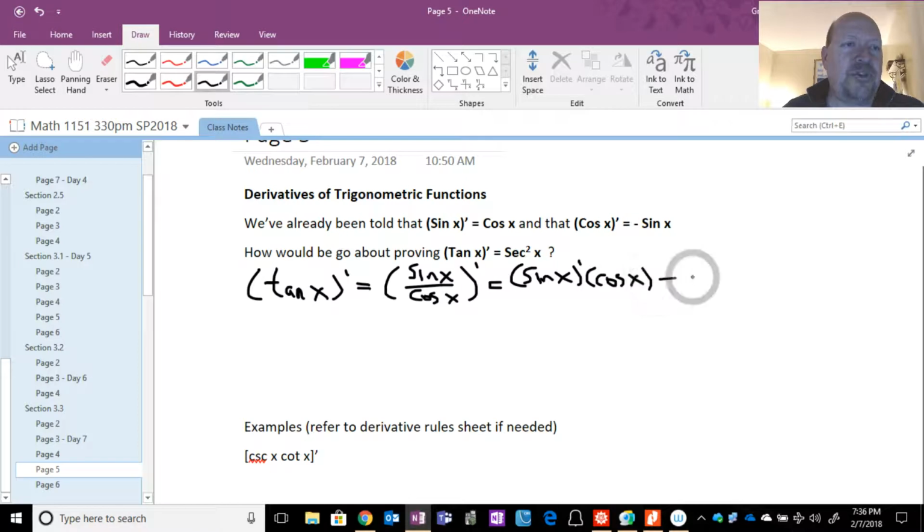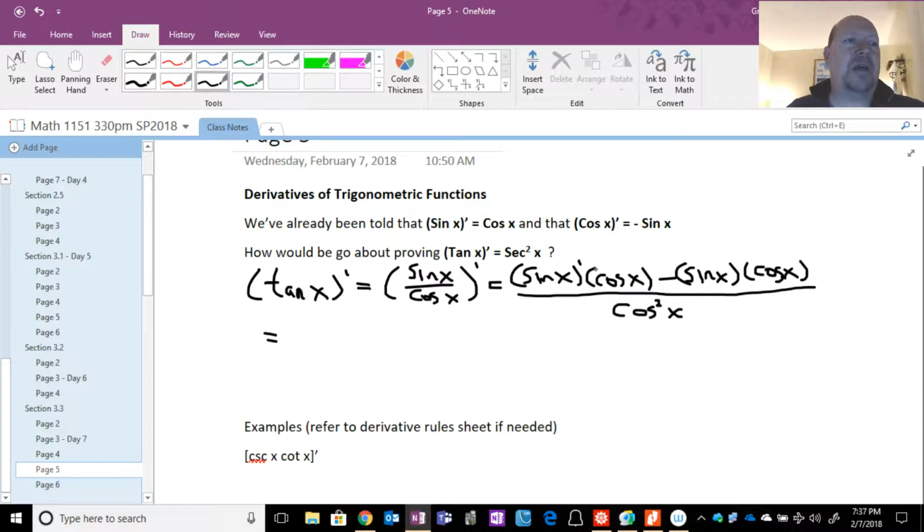And then subtract the numerator as it is, so sine x, times the derivative of the denominator, the derivative of cosine x, all over the denominator squared. So that would be cosine squared of x.